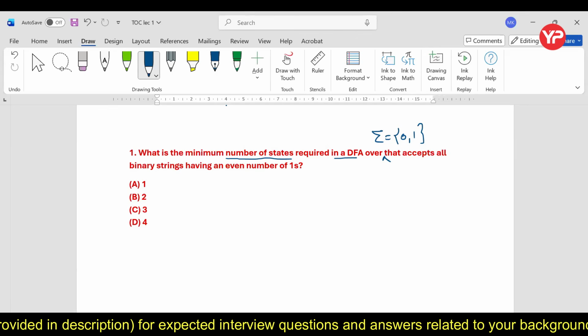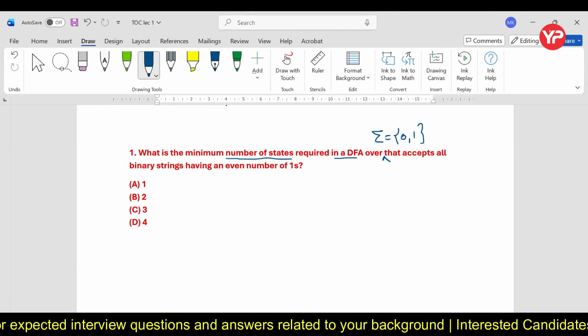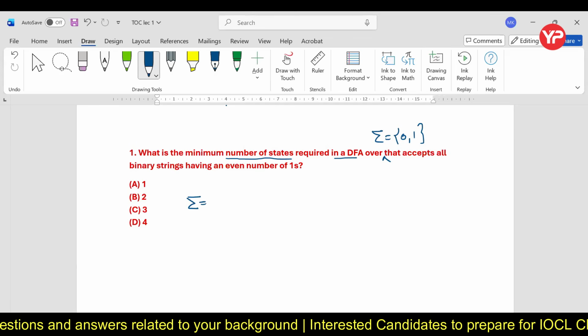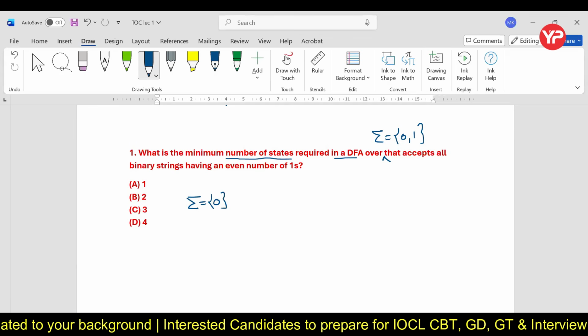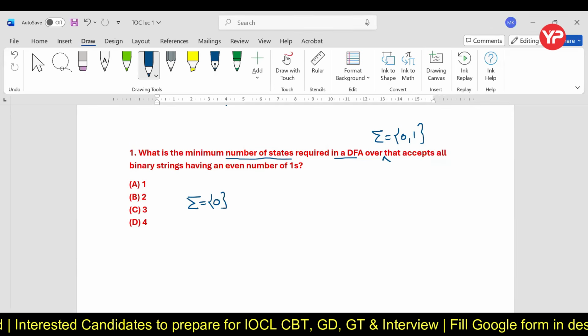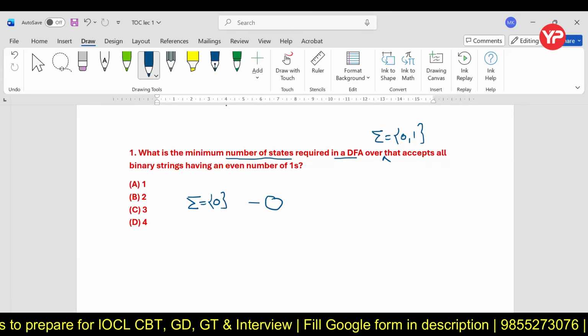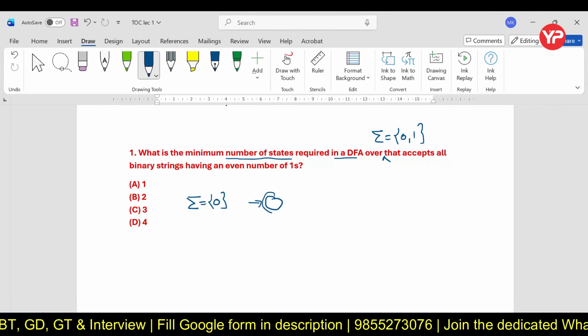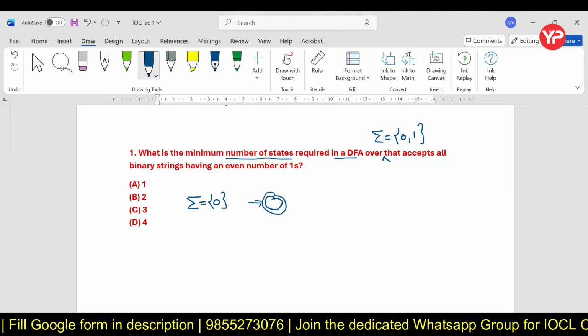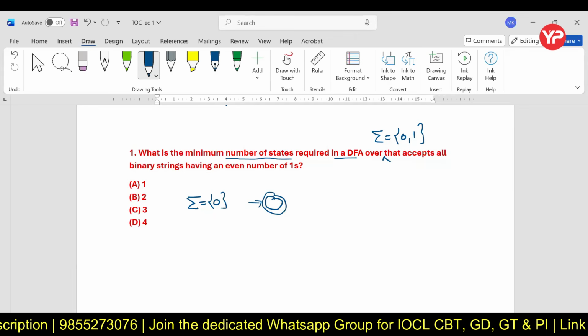Let's see the concept one by one. Suppose that my sigma is only 0. Fine. And if I want an even number of 0s, then what is the DFA? Even number of 0s means suppose we have the simple string epsilon.